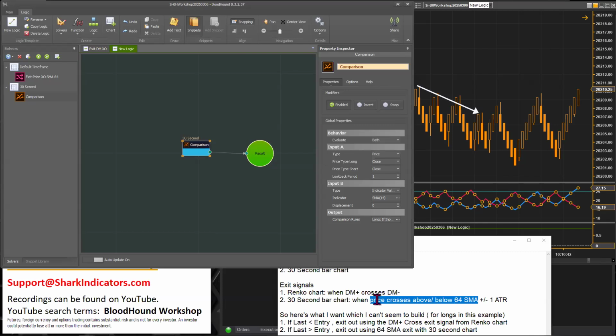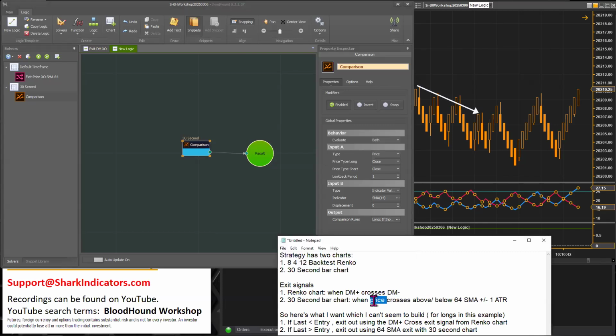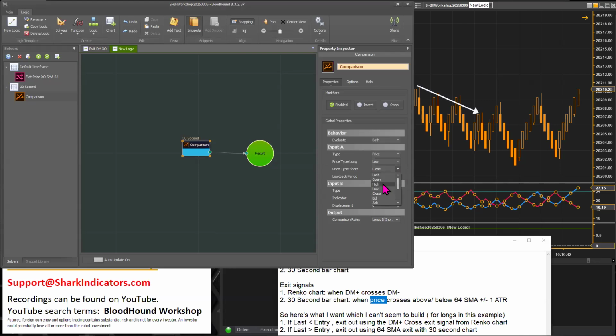If you want to use some other price other than the close, then you could switch these to something like the low. You could use the low and the high prices of the bars, whatever bar prices you want to use, to identify that crossover. It's up to you. But let's just go with the closing price for now.